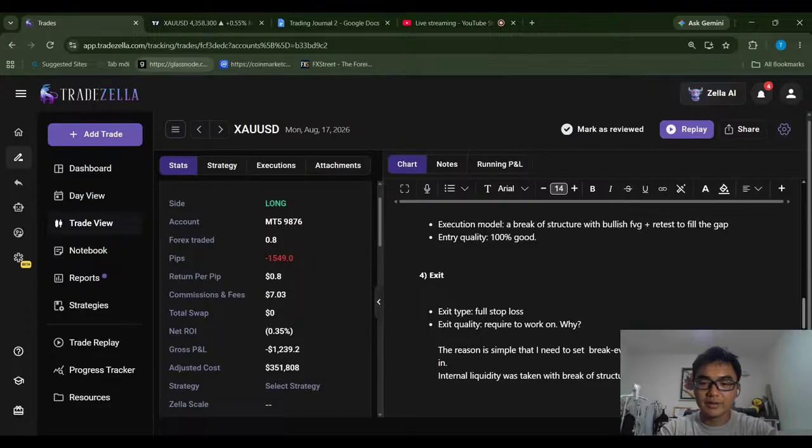So this is a very good momentum. The market had no good reason to reverse from here.